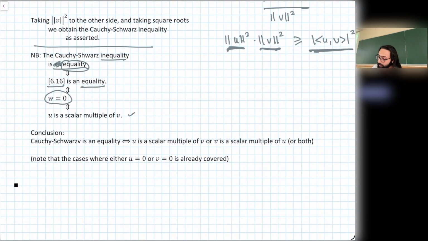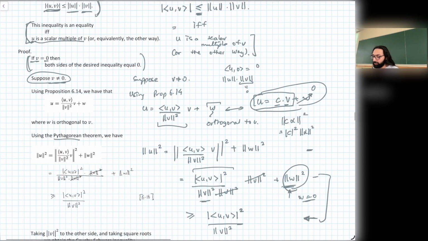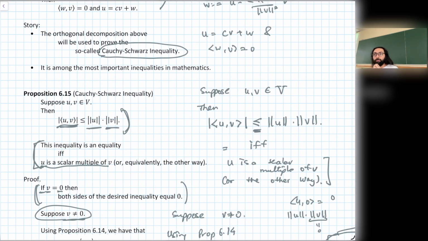And then the conclusion is that the Cauchy-Schwarz inequality becomes an equality if, exactly as was mentioned, U is a scalar multiple of V or the other way around. Any questions about Cauchy-Schwarz? Is it clear?